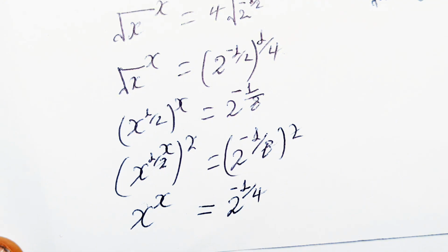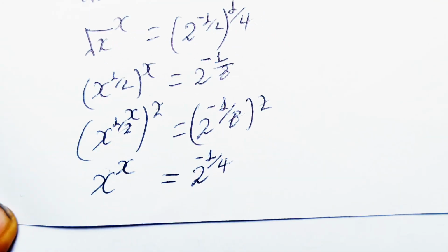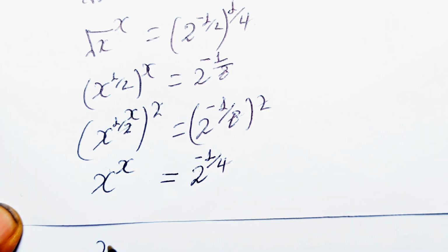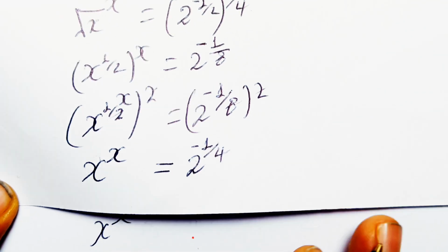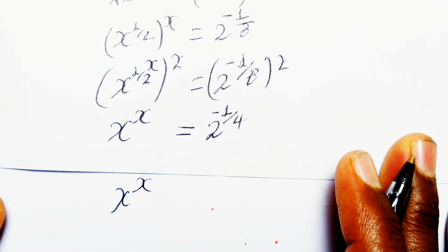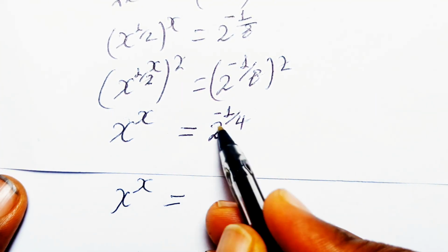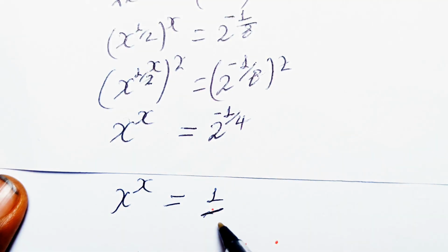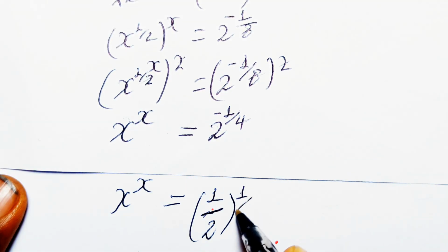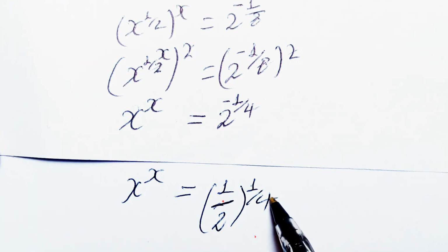We can write it as x to the power of x, which is equal to 1 over 2 to the power of 1 over 4. So we can split 1 over 4.